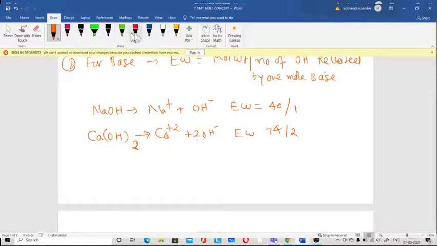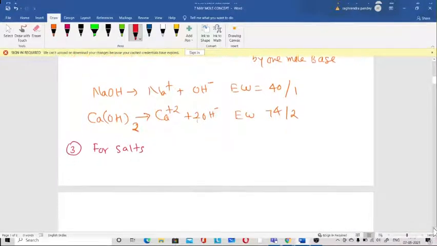Now, this is the important one: for salts. We don't study salts in the 9th and 10th class basically. There are two types of salts.